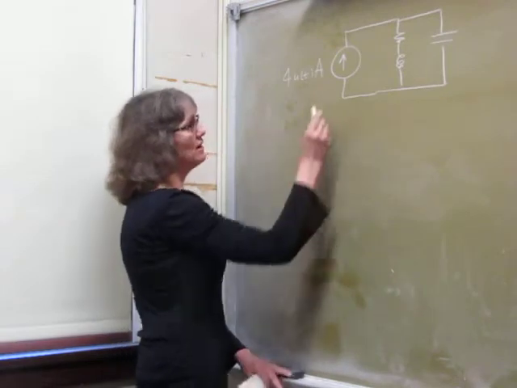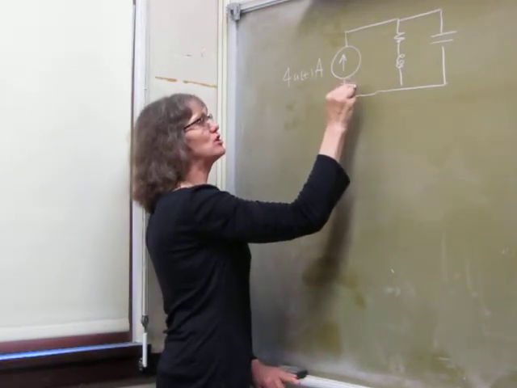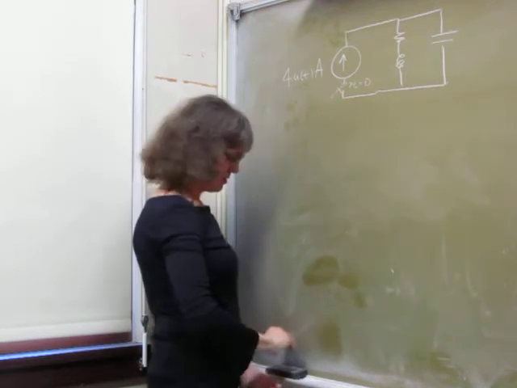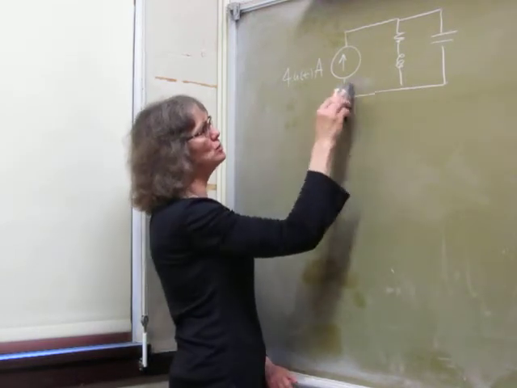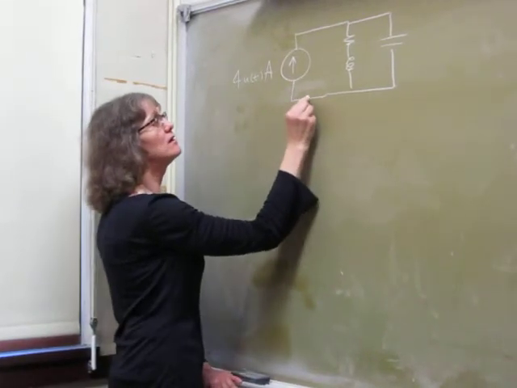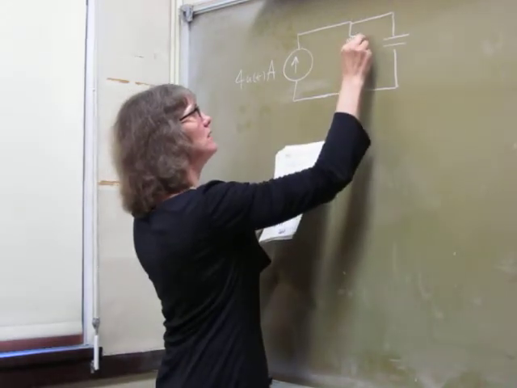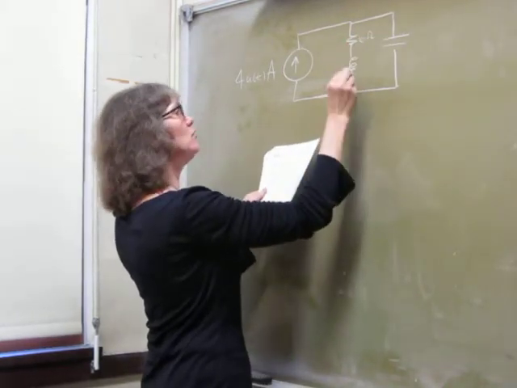It's kind of the same as if I had put a switch here and said that this switch closed at t equals 0. But instead of showing an actual switch, this is the mathematical way to indicate a switch. All right, the value for the resistor here is 6 ohms.